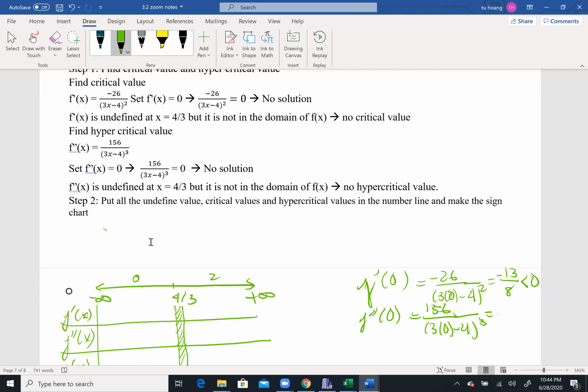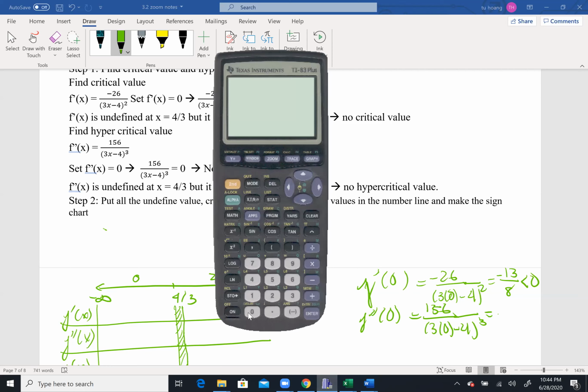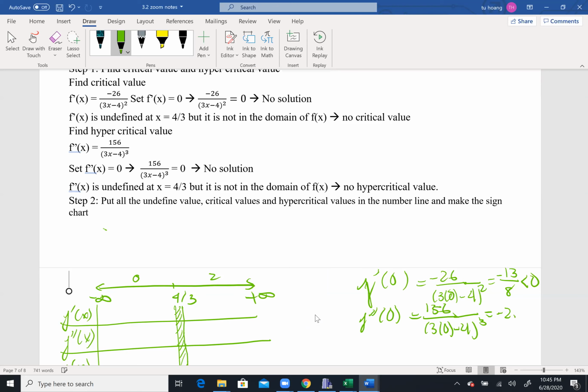Okay, so I have to use a calculator for this one. 156 divided by negative 4 to the power 3, right? Because the other term is 0, so I have negative 2.4 something.